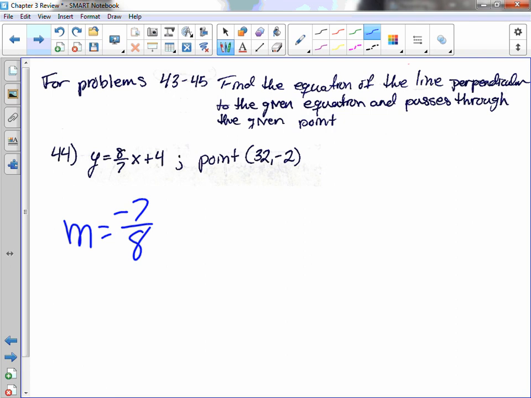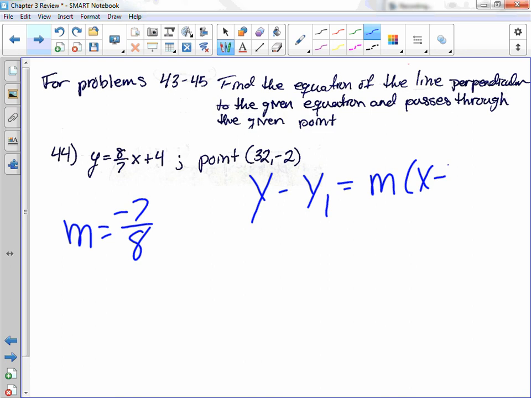So let's look at this here. The opposite reciprocal tells us that this is negative 7/8. Since the first slope is positive 8/7, the new one's going to be negative, and we have to flip it, which takes 8/7 to 7/8.